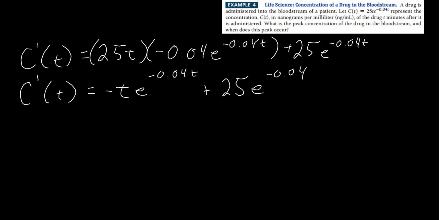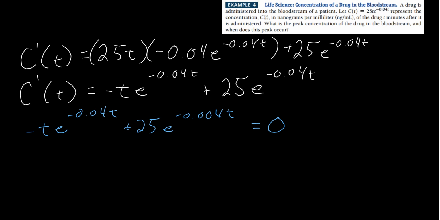Now let's take this function and set it equal to 0, and we'll figure out our critical point. So we've got negative t times e to the negative 0.04t plus 25 e to the negative 0.04t. Oh, I forgot to put a t there. Then we equate it to 0.